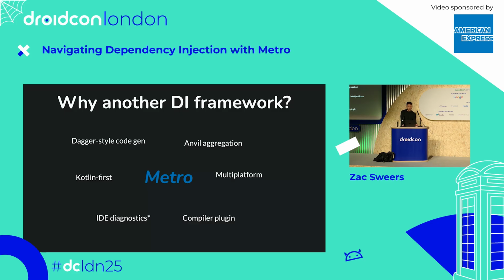I feel like it's felt for some time like the Kotlin community has been waiting for a library that unifies the best of Dagger code gen, multiplatform, Anvil's aggregation, things of that nature, and you want IDE support. A lot of people write custom lint checks for this.